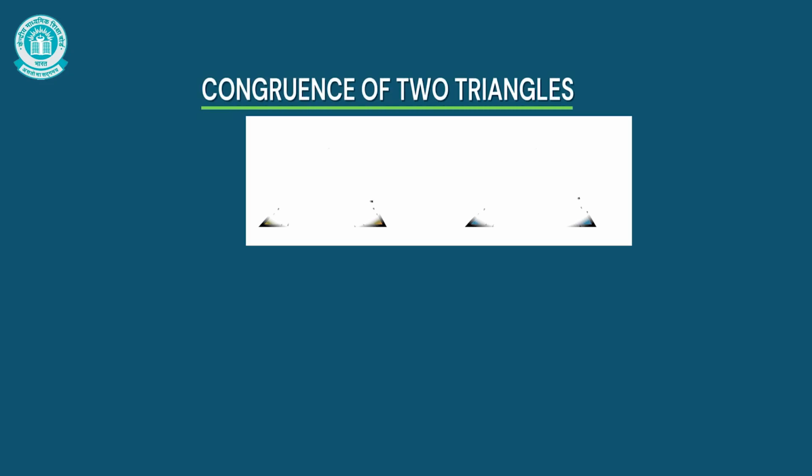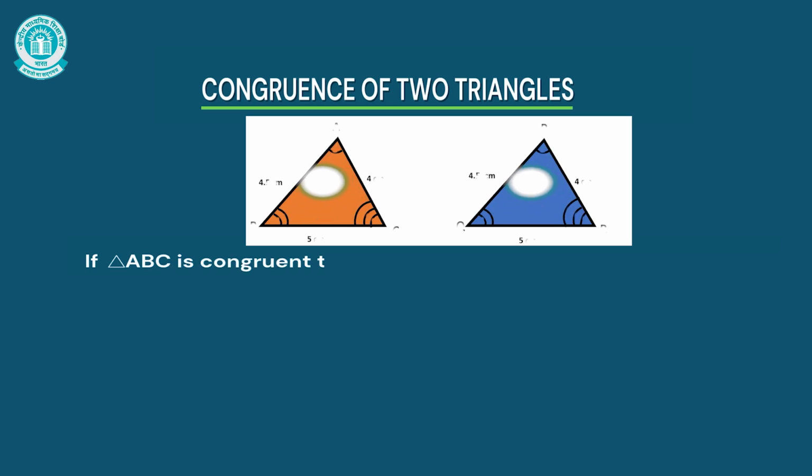Do you know why we study congruence? Let us try to understand. We have numerous examples where congruence of objects is applied in our daily life situations. If triangle ABC is congruent to triangle PQR, we write triangle ABC ≅ triangle PQR.